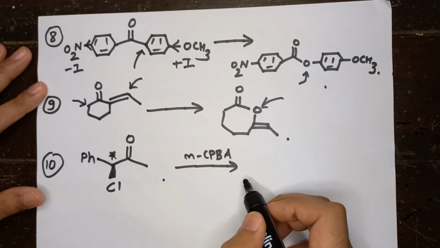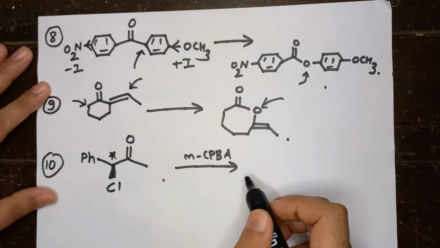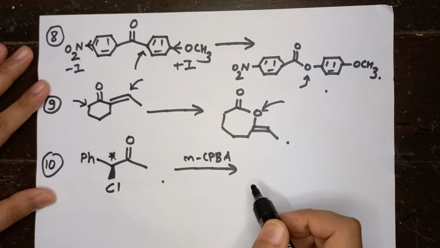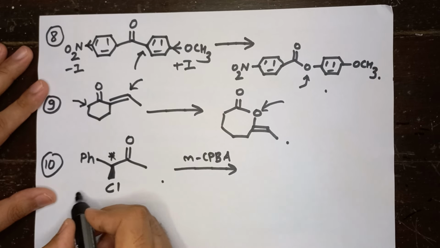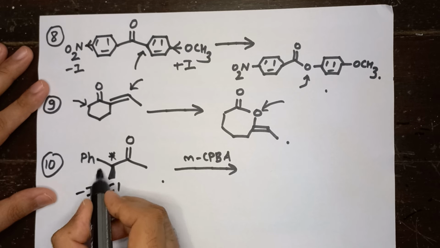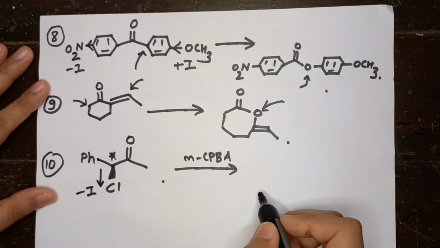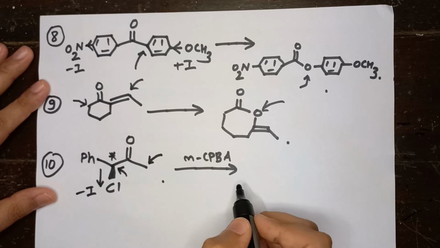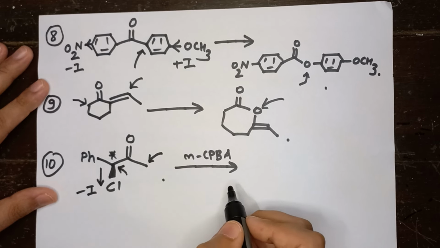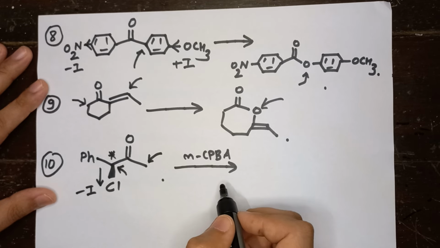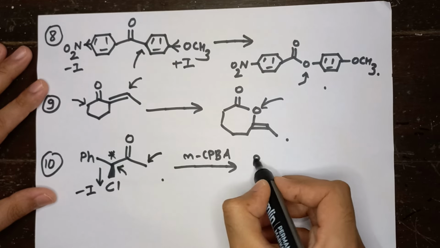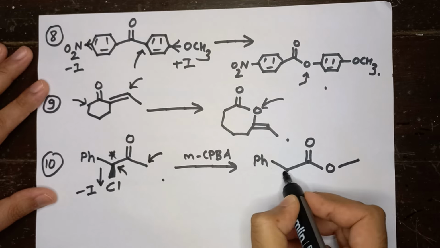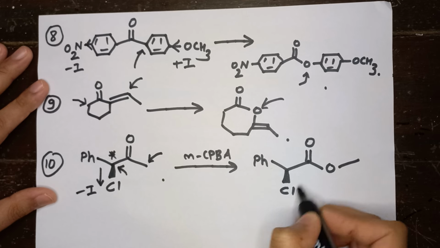So what is the product? Chlorine is a halogen and it has more electronegativity and will act as a -I group, will withdraw the electron. So electron density at this center is less and at this center it is more. So the oxygen will be inserted in the more electron dense site, and the rest will be the same.